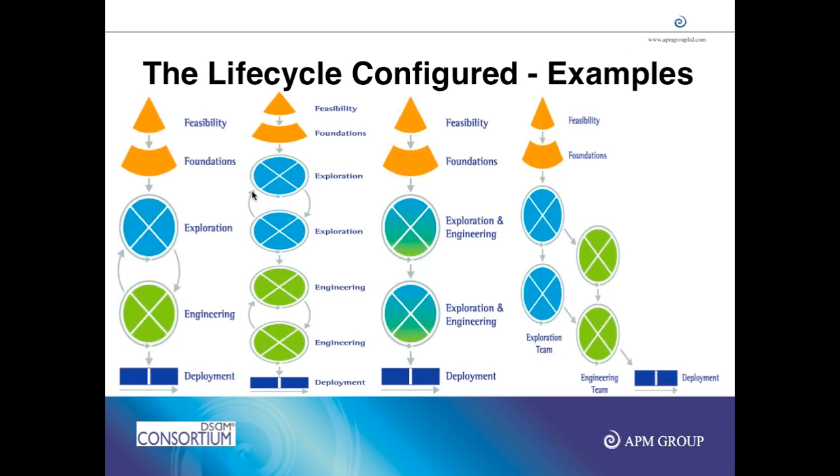In example 2, which is how mostly waterfall projects are done, you do all exploration first. That is, you do all the requirements gathering and refining of requirements in a set of time boxes. When all the requirements are understood, you do the designing and development, and then you do integration and testing.